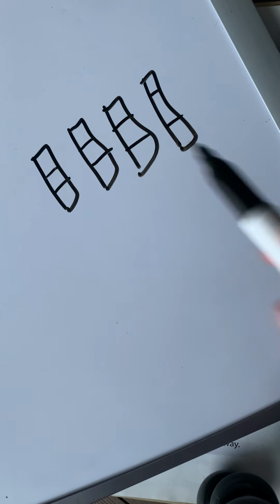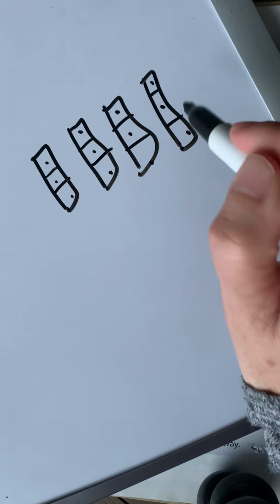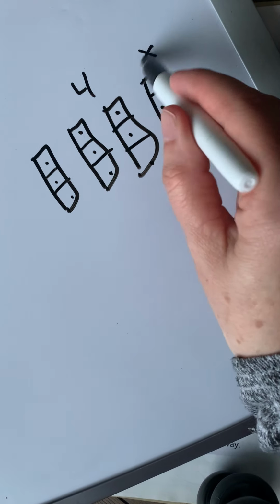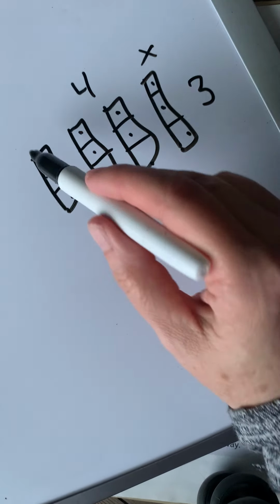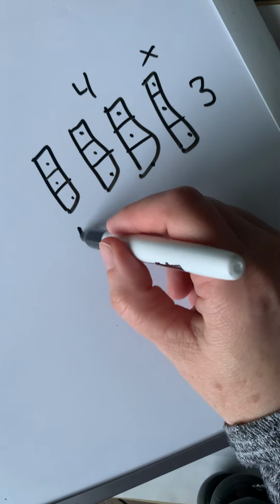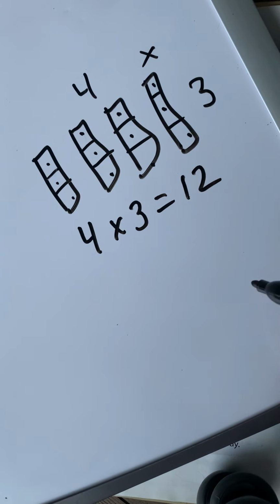Aha. Now we can see how many pieces he had. He's got 4 by 3. 4 times 3. He's got 12 pieces. So 4 times 3 equals 12. We know that he has 12 pieces right now.